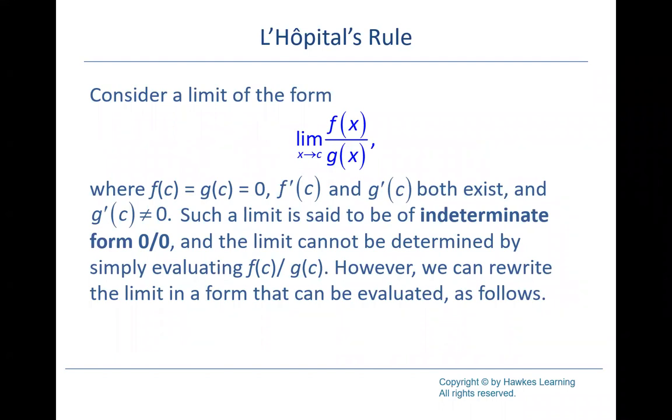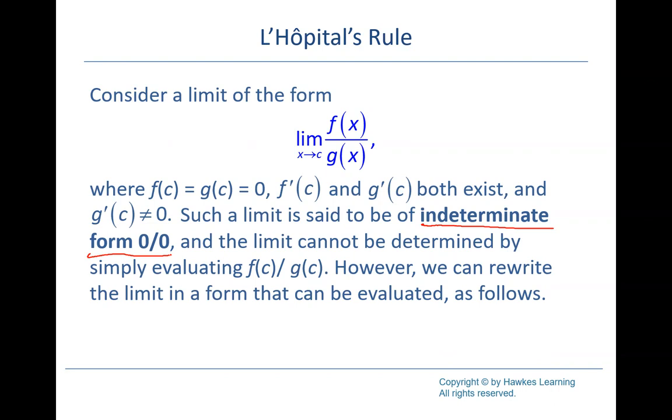In other words, if we naively substitute into our function and we get the form 0 over 0, we will call this a limit of indeterminate form, specifically form 0 over 0. Throughout this section, we're going to consider other types of indeterminate forms, but at least initially, we're going to focus our attention on the 0 over 0 form.